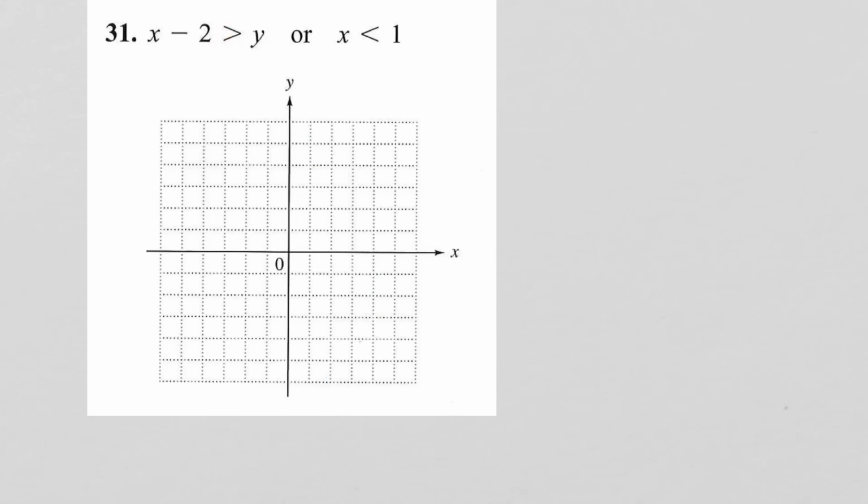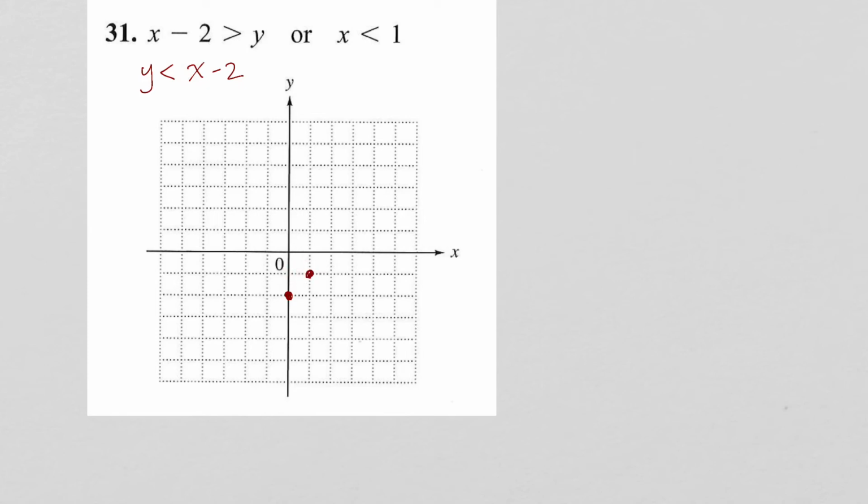Okay, think of this as an equals. Well, it's already in slope-intercept form, but I'm going to write the y first. So y is on the less than side of x minus 2. I just rewrote that equation. And now I can see that the y-intercept is negative 2, and the slope is a positive 1 over 1. So I'm rising 1 and running 1.